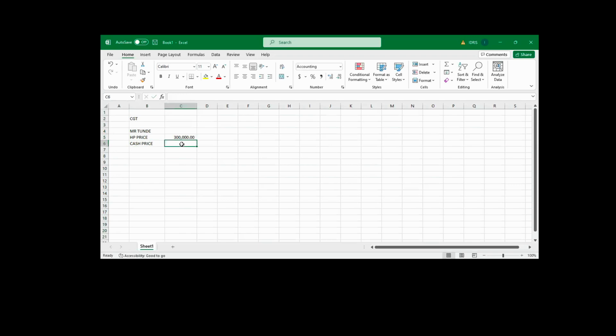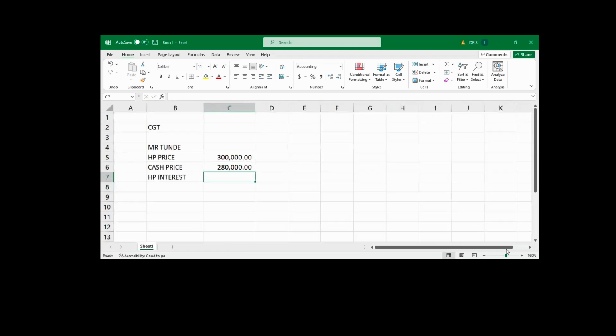The cash price is 280,000. How much will be the hire purchase interest? That is 20,000. 20,000 will be the hire purchase interest. The difference between hire purchase price and cash price will be the hire purchase interest.